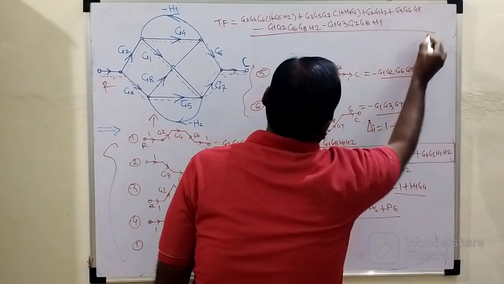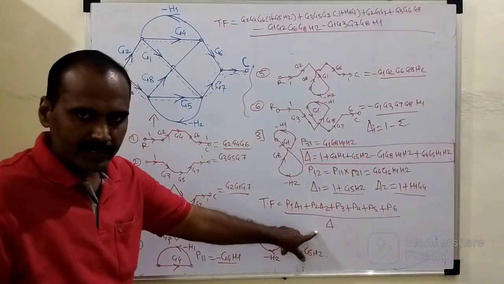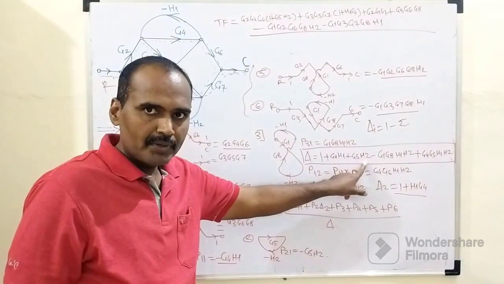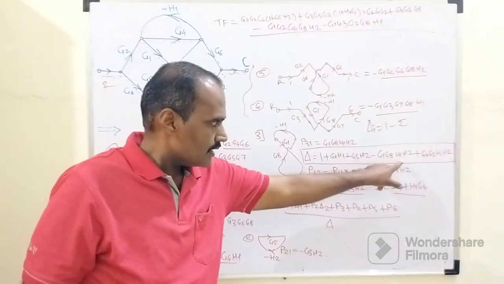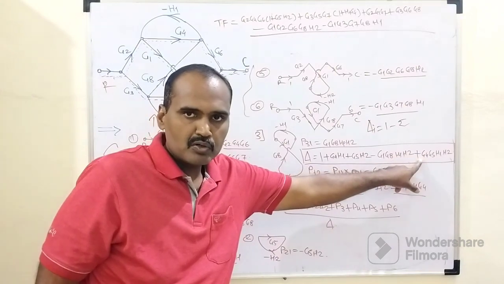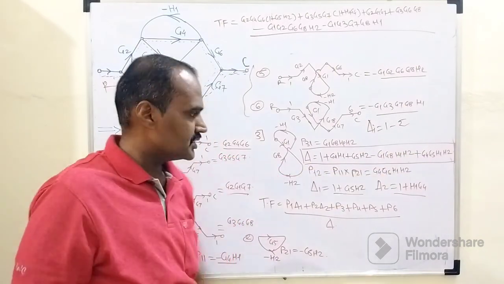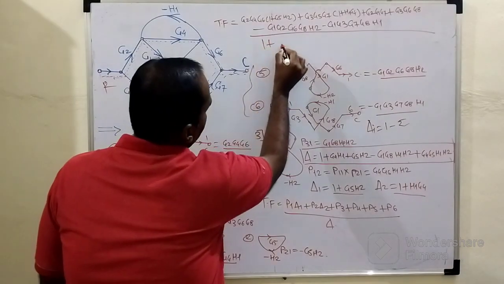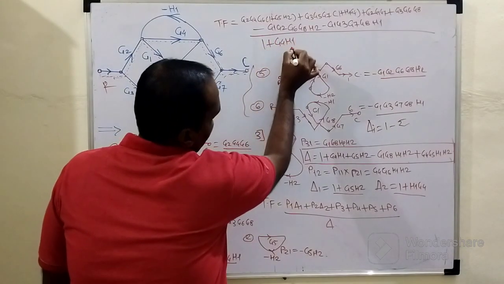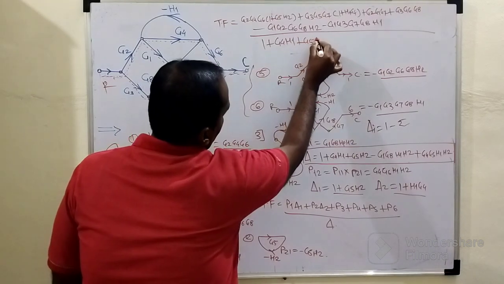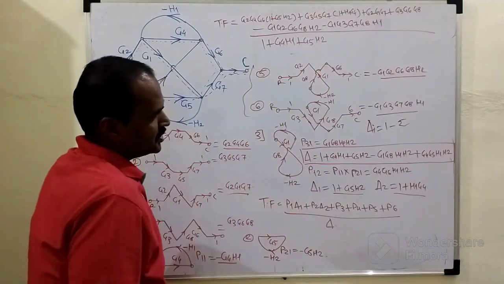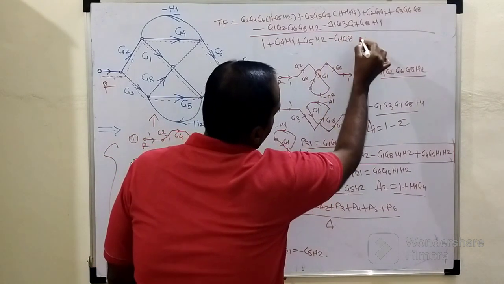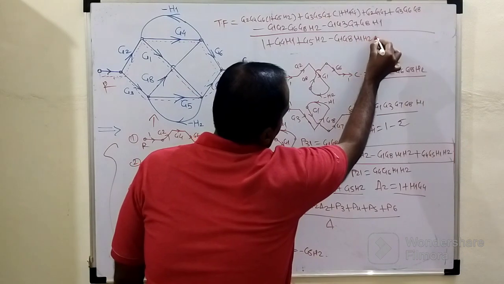This whole term is divided by its denominator, delta, which is already tabulated. It is 1 plus the summation of all individual loop gains minus the gain product of first two non-touching loops, second two non-touching loops. So the denominator becomes 1 plus G4 times H1 plus G5 times H2 minus G1 G8 times H1 H2.